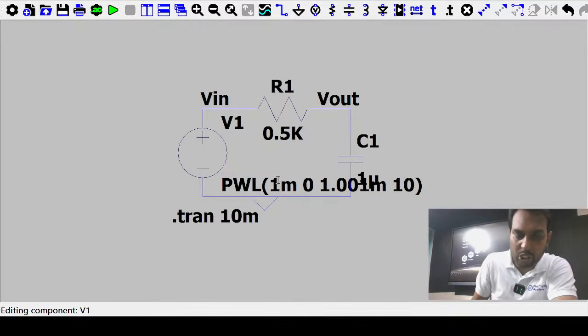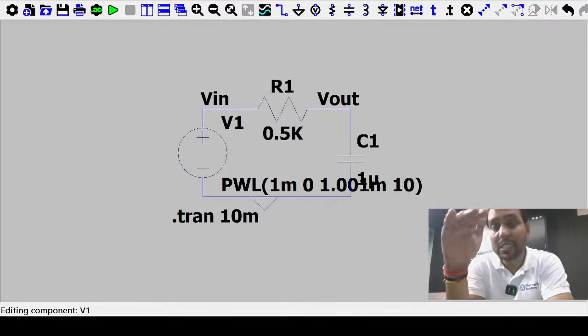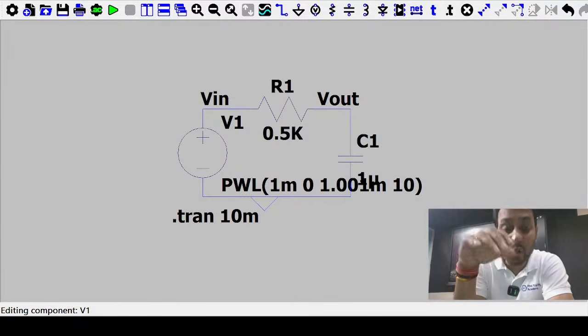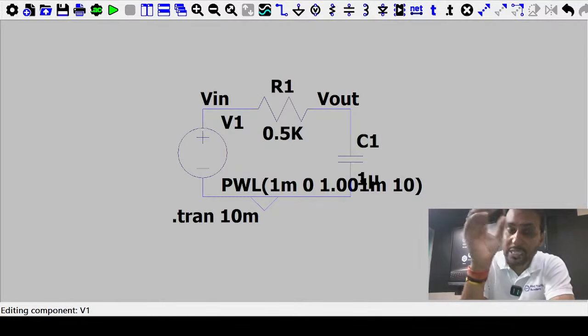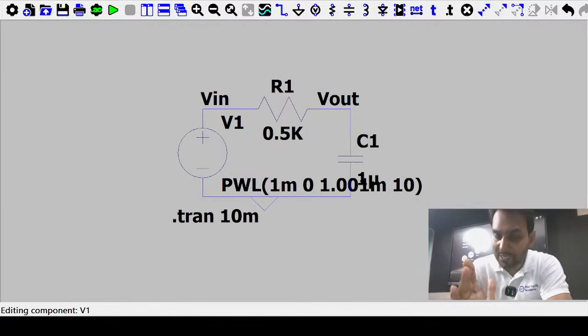After 1.001 millisecond, meaning in a 1 microsecond, a very small time difference, it becomes 0. So it is constant 10 volt till 1 millisecond, and after 1 millisecond it becomes 0. So it is a falling edge.